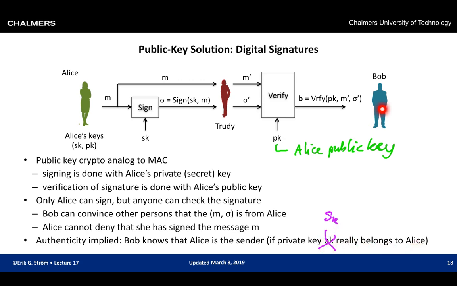So what Bob can say with 100% assurance is that this message has been signed by somebody who has the secret key. And hopefully this secret key is the one that belonged to Alice, and she has not left it lying around somewhere that somebody else could pick it up.